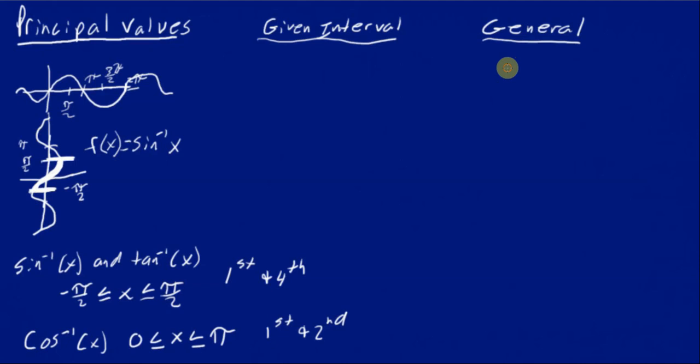And just like I did with the domain of the secant, cosecant, cotangent and tangent, we're going to add a 2 pi n, or we're going to add a pi n, where n is an integer. And I think it'll make a little more sense when I do the examples.